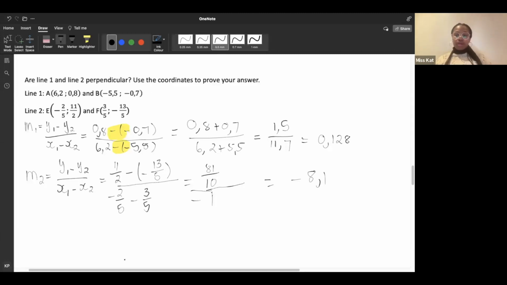Now we want to know if these are perpendicular. Multiply them and tell us what you get.